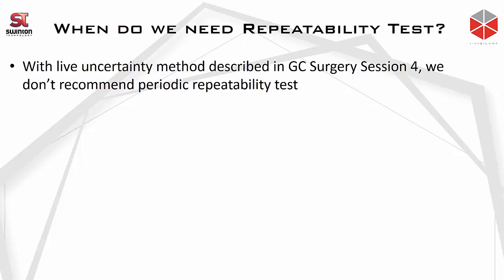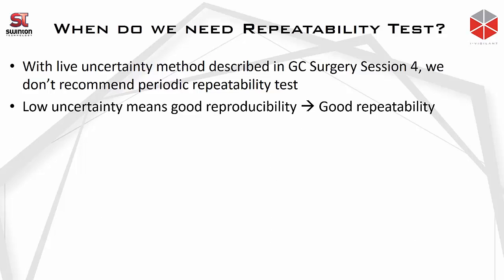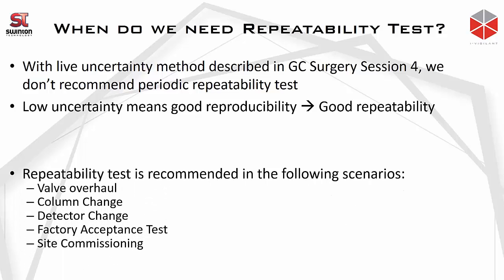With a good, low uncertainty, we basically have good reproducibility of the calibration result from the GC. Good reproducibility in the long term means good repeatability when we test in the short term. That's what I was saying before: low uncertainty means good reproducibility, which means good repeatability.